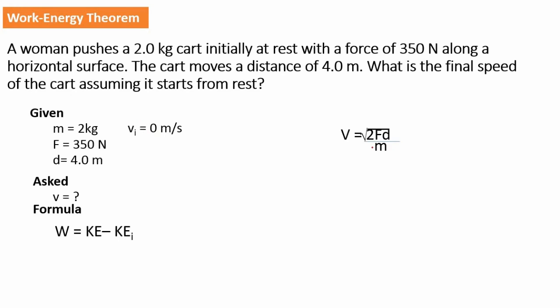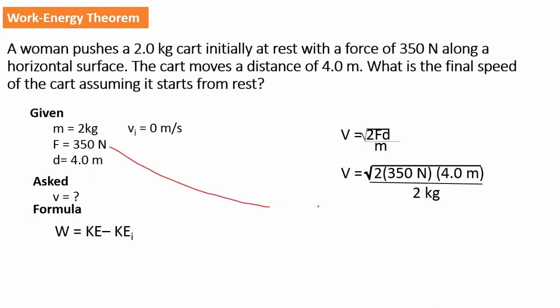Next, you simply substitute. For F, we have 350 Newton. For d, the distance, that's 4 meters. And for the mass, that's 2 kilograms. So everything is well and good.